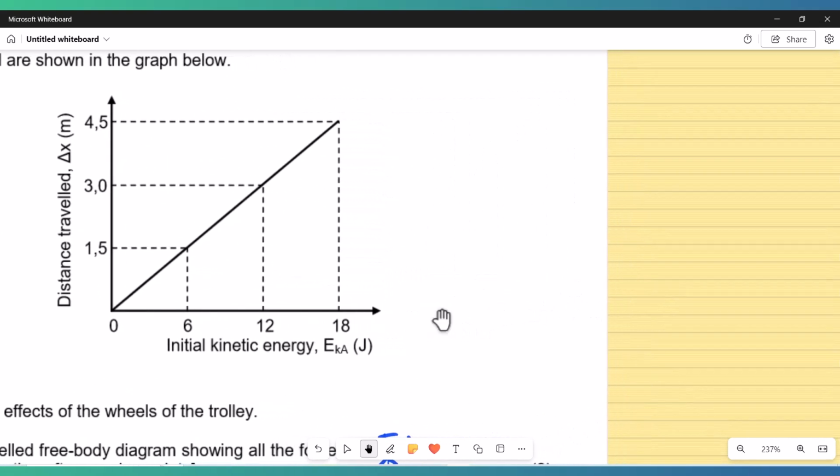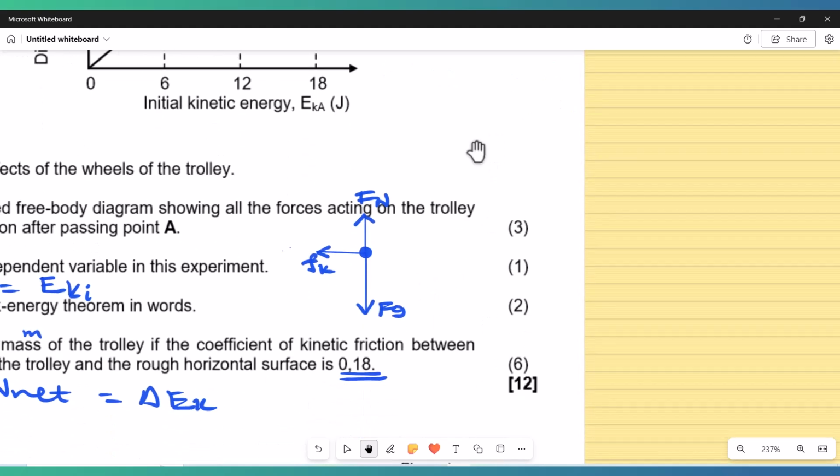So here we go. We are going to say that our work net equals the change in EK. Now, what does change in EK mean to us, guys? Change in EK means you get the kinetic energy which is final, minus EK which is initial. Then in this case, as we saw in our free-body diagram, the only force acting horizontally is the force of friction.